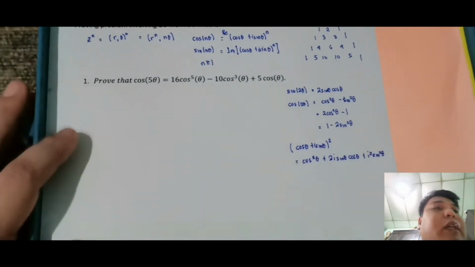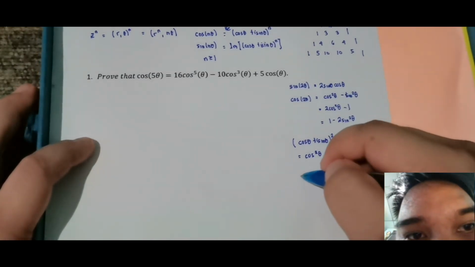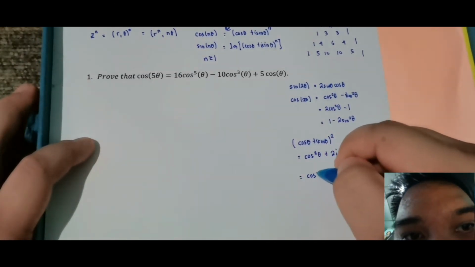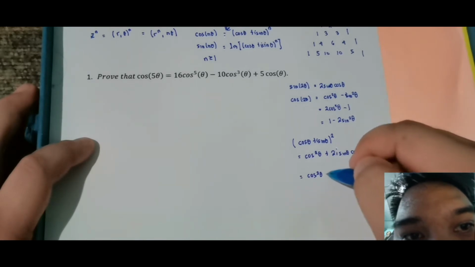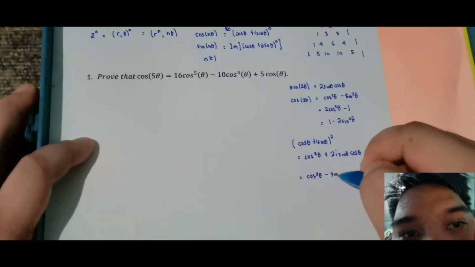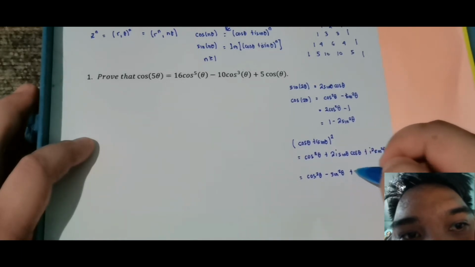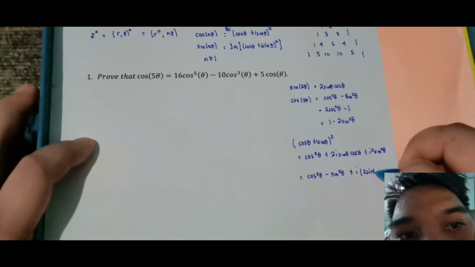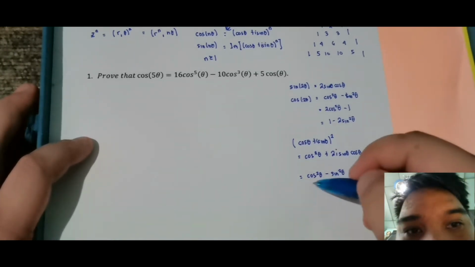Tama, so pag in-expand. Next is, simplify further, this is cosine squared theta minus, kasi yung I squared na yun, tatanggalin ko, so that is minus sin squared theta plus, factor out ko yung I dito, then multiply by 2 sin theta cosine theta. So, obviously, ito yung real part.